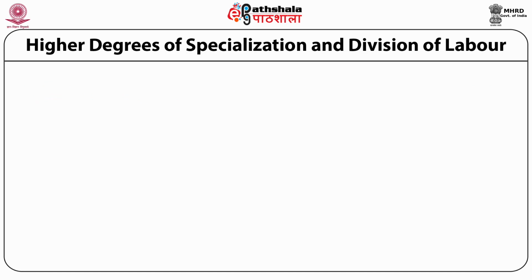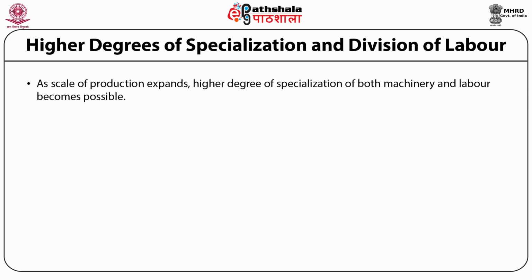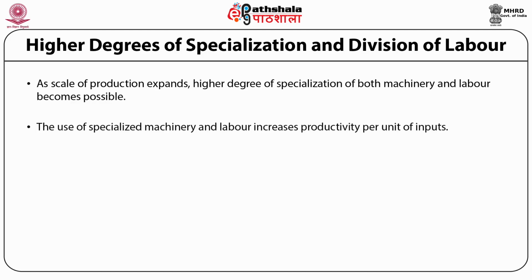Higher degree of specialization and division of labor. As scale of production expands, a higher degree of specialization of both machinery and labor becomes possible. The use of specialized machinery and labor increases productivity per unit of input.